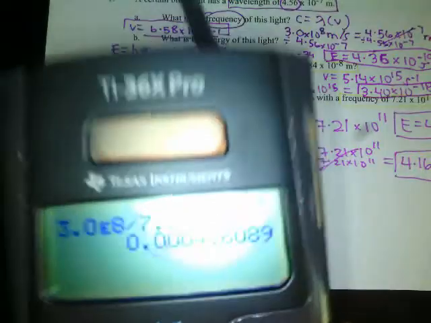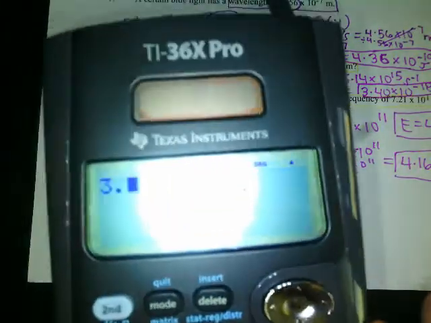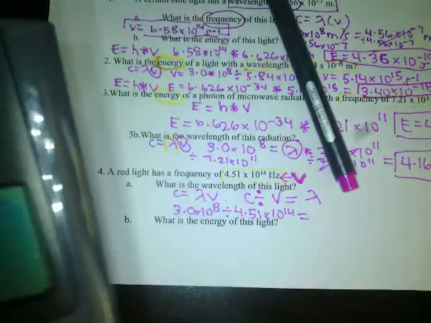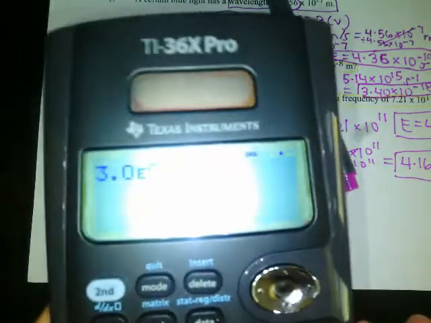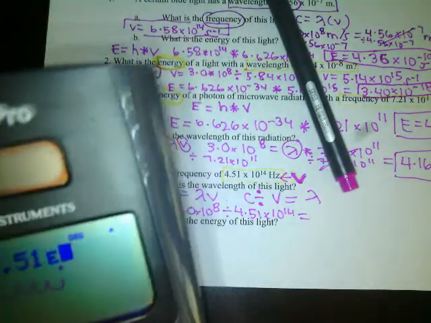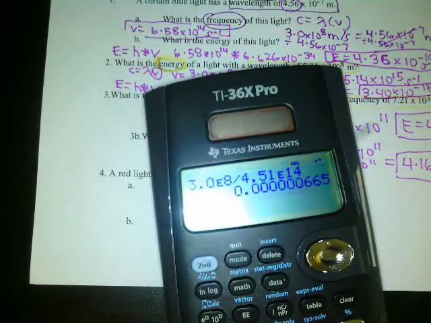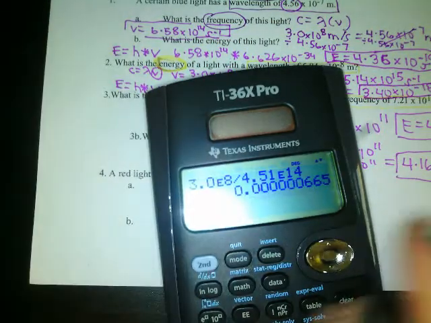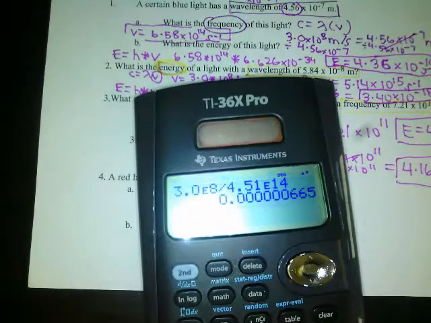Once again, we are going to need to get this into scientific notation because it just makes it easier to read in my opinion. So I'm going to move this 1, 2, 3, 4, 5, 6, 7 times to give me 6.65 times 10 to the negative 7.